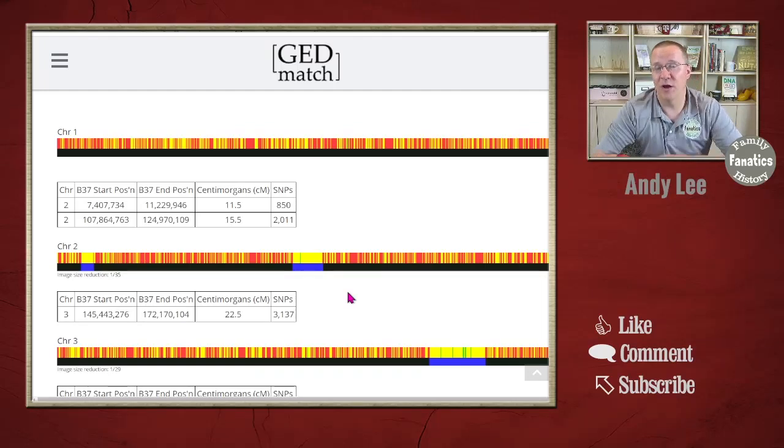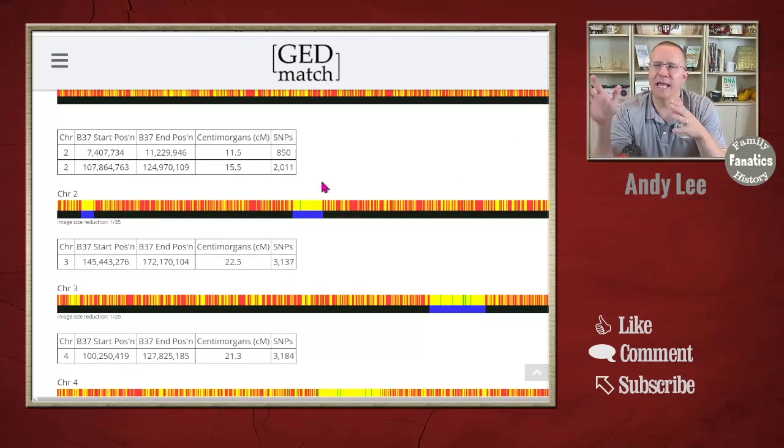And if we all share the same segment together, that's called triangulation, and it is a good indication that the 3 of us, or more of us, share a common ancestor that we can trace back to, because that segment came down from that common ancestor and was passed on to us. We're still related to a lot of people who we don't triangulate with, so that's not the only way that we can help prove a relationship.